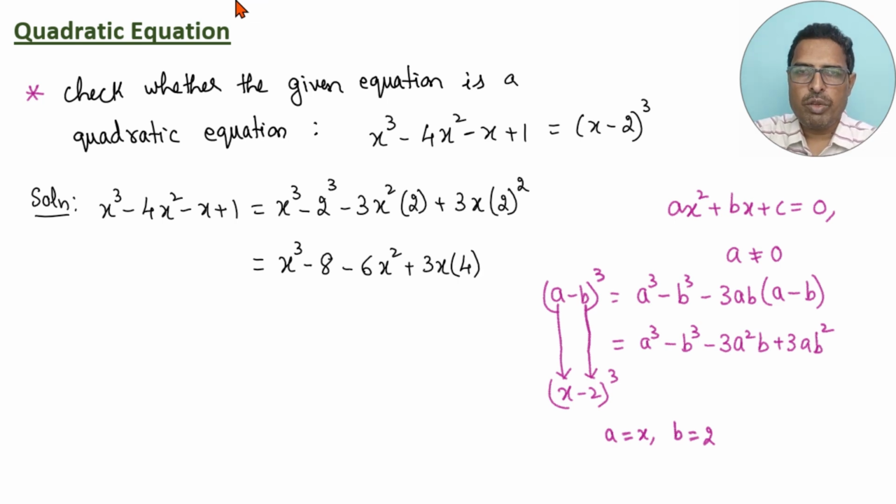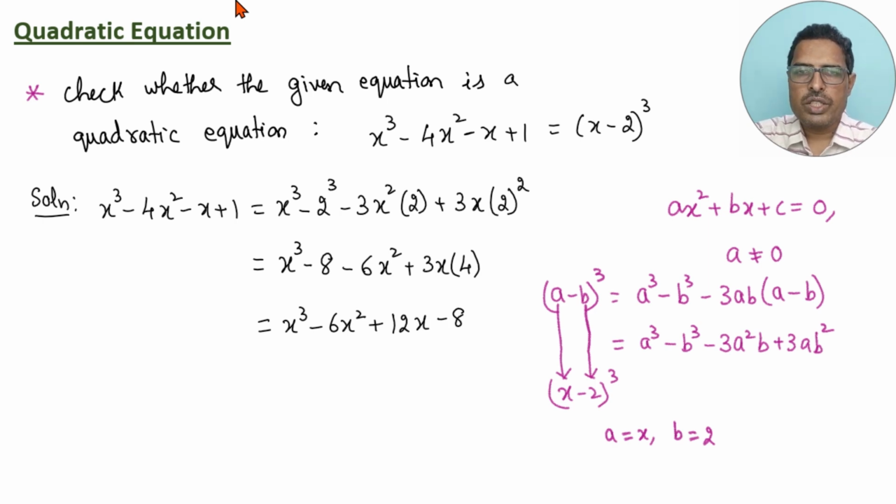Let us further simplify this one. First I'll write x cube term, then x square term, then x term. 3 times 4 will be 12 and this x as it is, and this constant term minus 8 as it is.